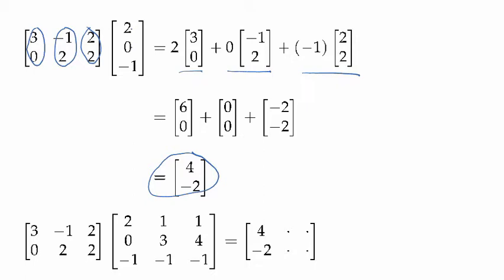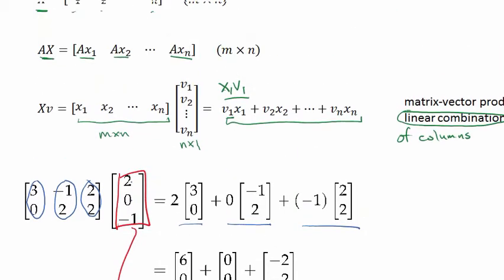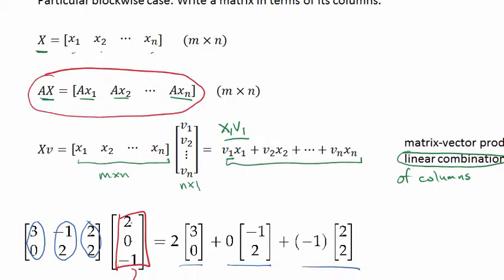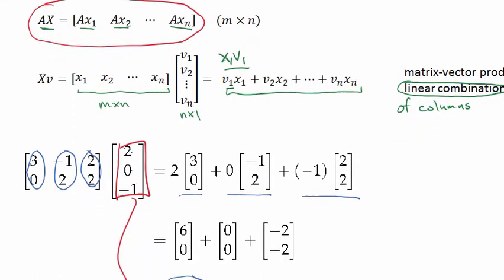Now that means that if I had a matrix-matrix product, notice that this column here is the same as the first column down here. So remember, this is like our example earlier of A times x. I'm going to use this rule here: A times x is the same as taking A times each column of x.